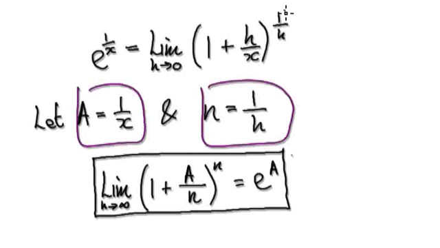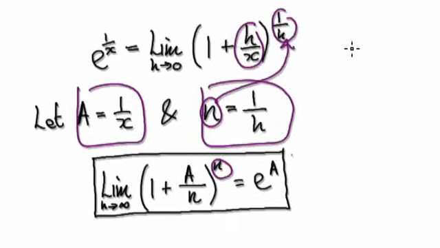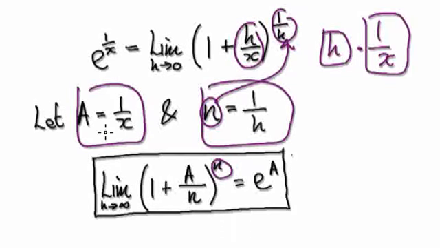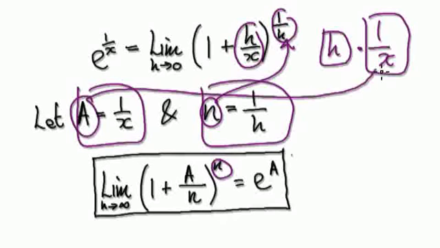So looking at this, 1 over h, we can put this n into here. That will then become this. And then looking at this, you've got h times 1 over x. Well, we can put the a into this block here.